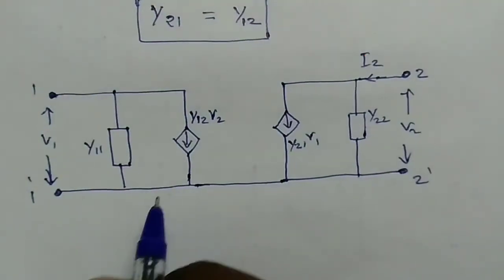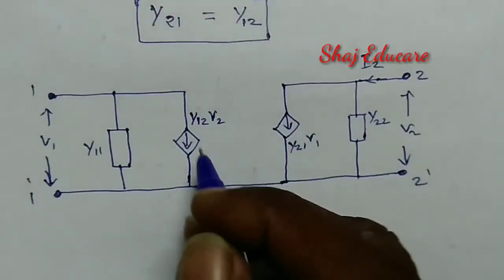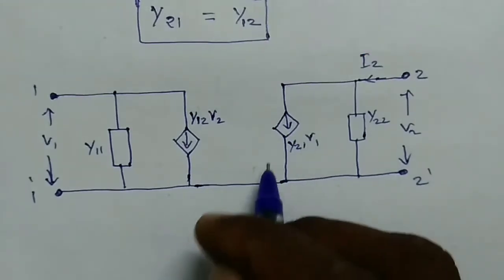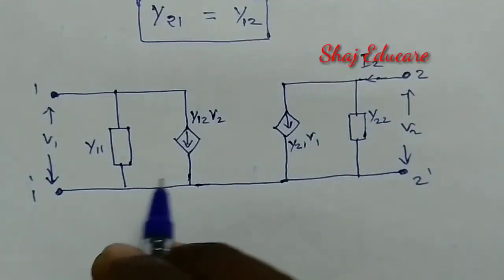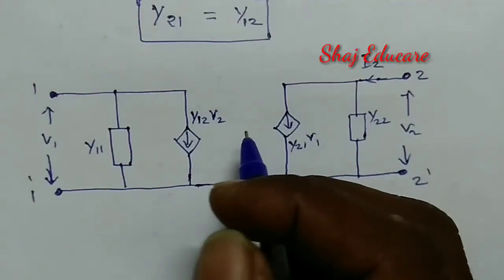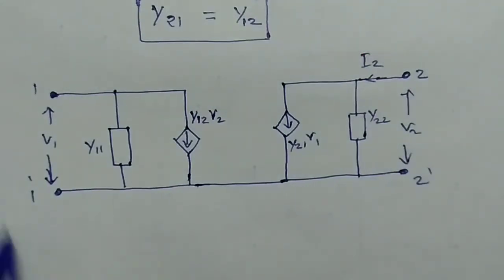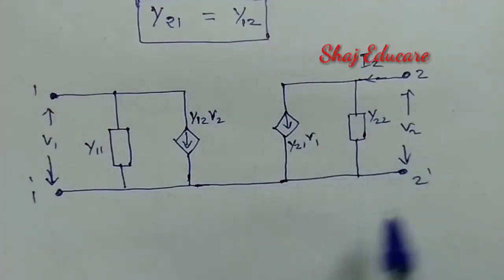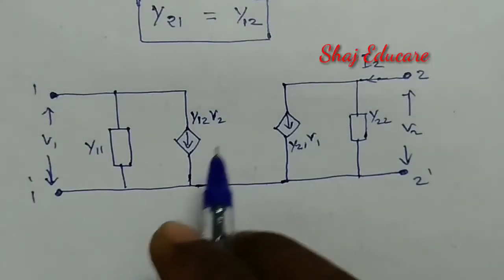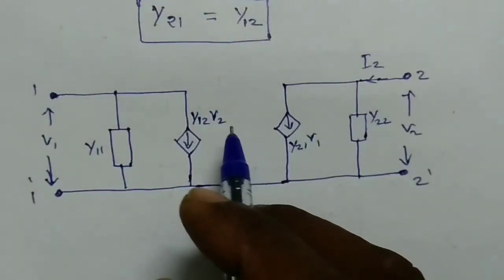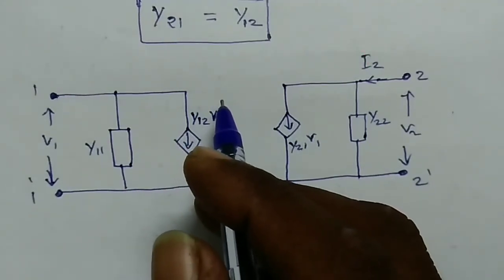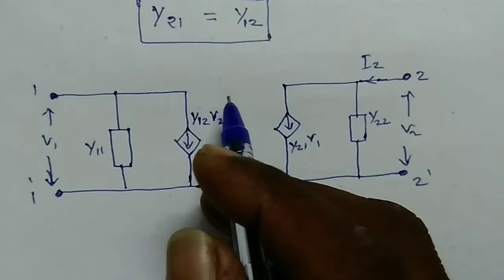In a question paper for the Kerala Technological University, or KTU, it was asked to draw the equivalent circuit for short circuit admittance parameters. So you have to learn this circuit by heart, and if you are asked to explain the parameters, you have to derive the expressions for these parameters.